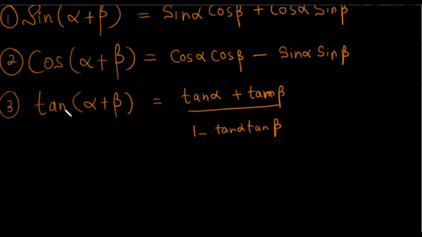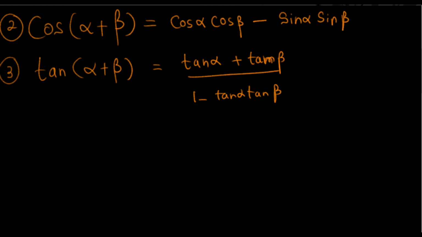So I'm going to derive this equation. Let me show you how to derive tan of alpha plus beta equals tan alpha plus tan beta divided by 1 minus tan alpha tan beta. First we write tan of alpha plus beta.